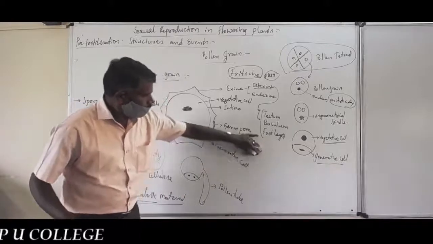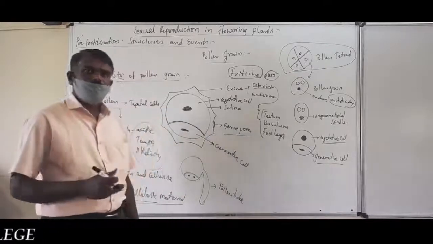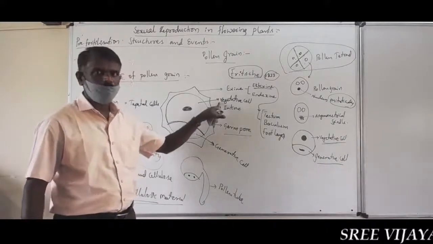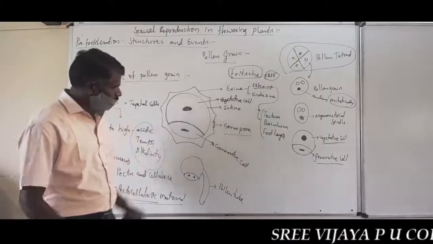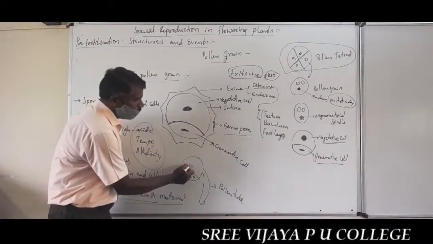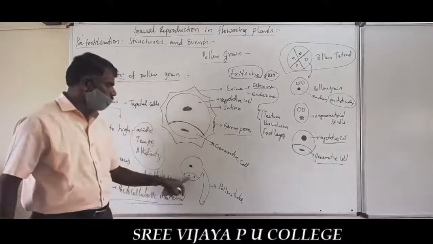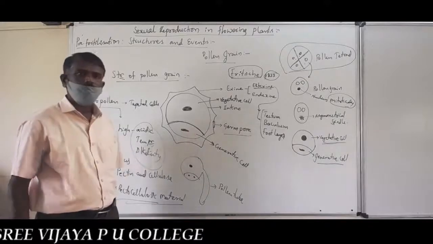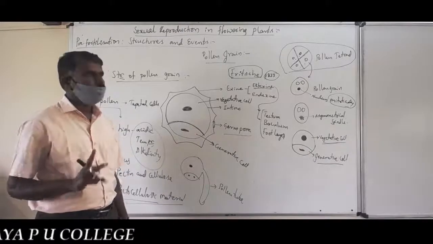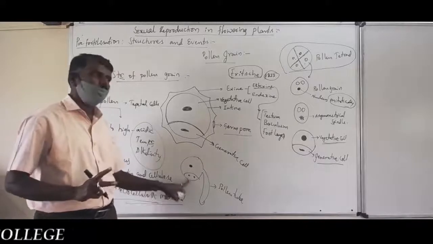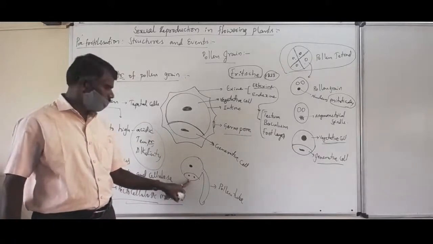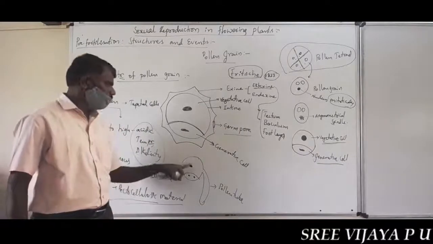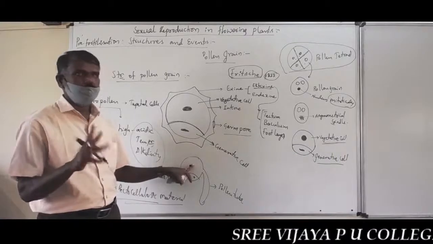A pollen grain shed at the three-celled stage has a vegetative cell and two male gametes produced by the generative cell. These two male gametes and the vegetative cell make three cells, so it is the three-celled stage at which the pollen grain is shed.